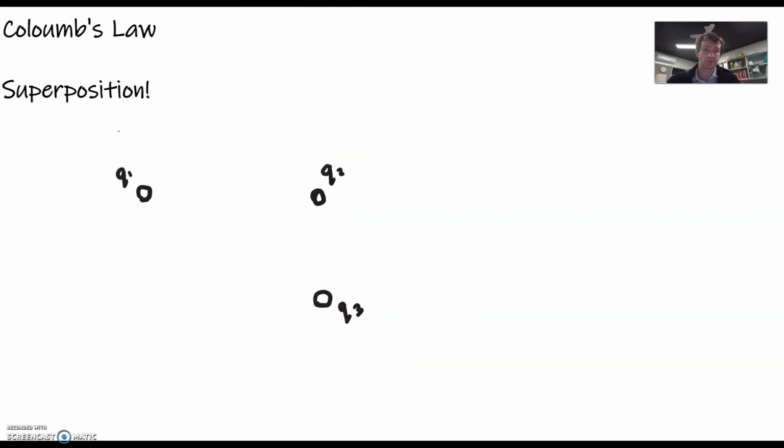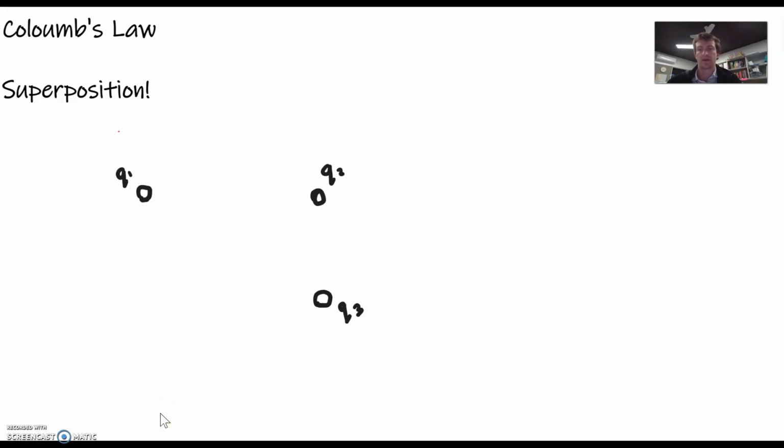What if there's multiple charges? If there's multiple charges, usually the examiner wants you to find the force on one of them. And there'll be usually a situation either involving a distribution like this, or they might be used in some kind of triangular arrangement where you'd end up using equilateral triangles or something like that.